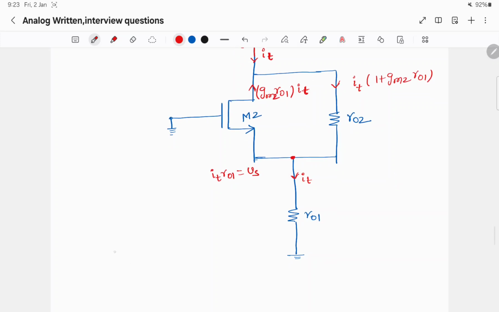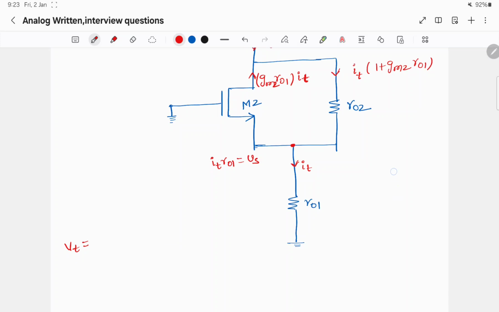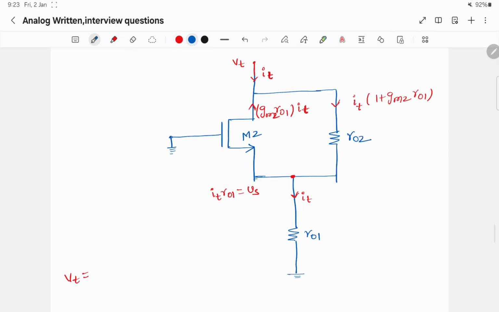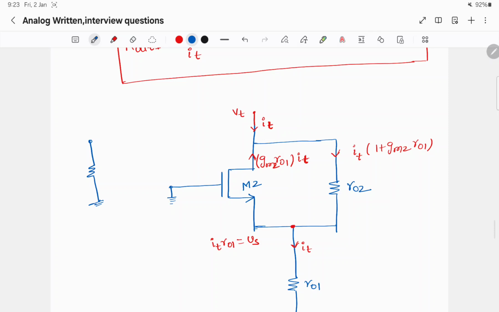So VT is ro2 times the current flowing. Let us say initially I have a simple configuration like this, and I have to find the output resistance Rout.